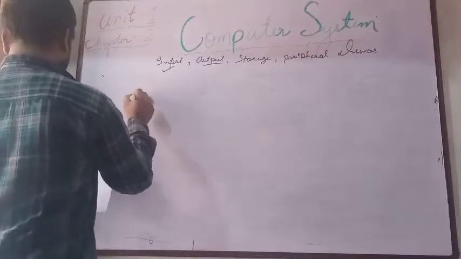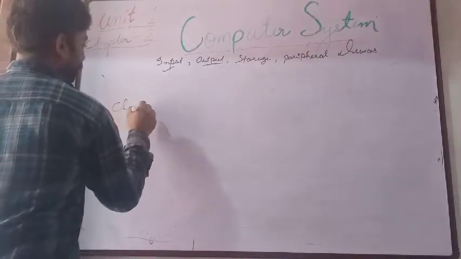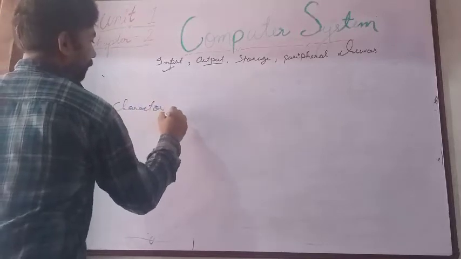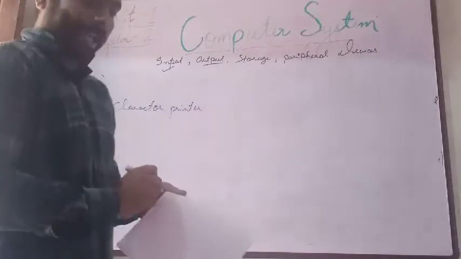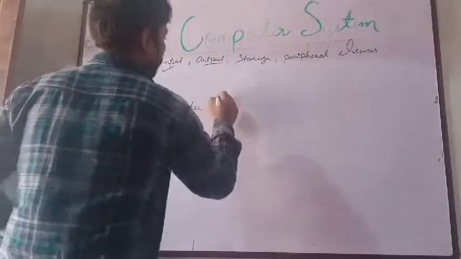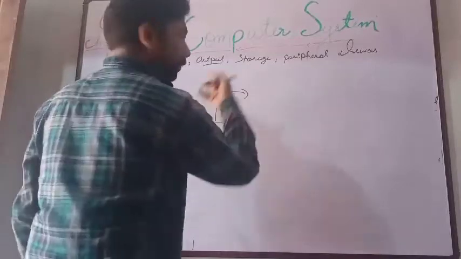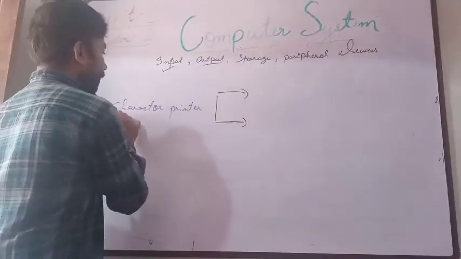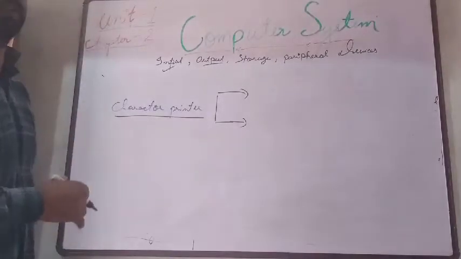First of all, we are talking about the character printer, which means it prints character by character. The character printer is divided into two types of printer. This is a family tree; first we will come to the family tree of the printer.